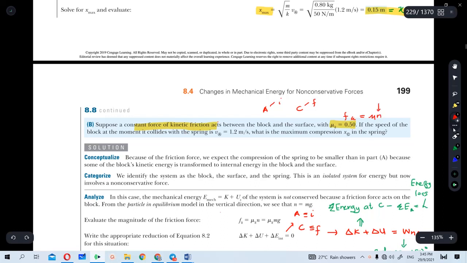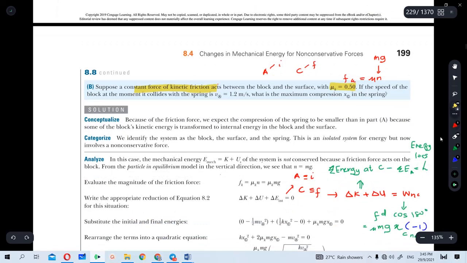And again, since it's a flat surface, the normal force is equivalent to the weight itself. Alright, now, so what to do? The same technique as the previous. Sama sahaja. Cuma we are adding the work non-conservative as something to be discovered. Perlu dicari. Bukan lagi kosong. Tak sama dengan kosong. Work non-conservative is not equivalent to 0. It has a value.